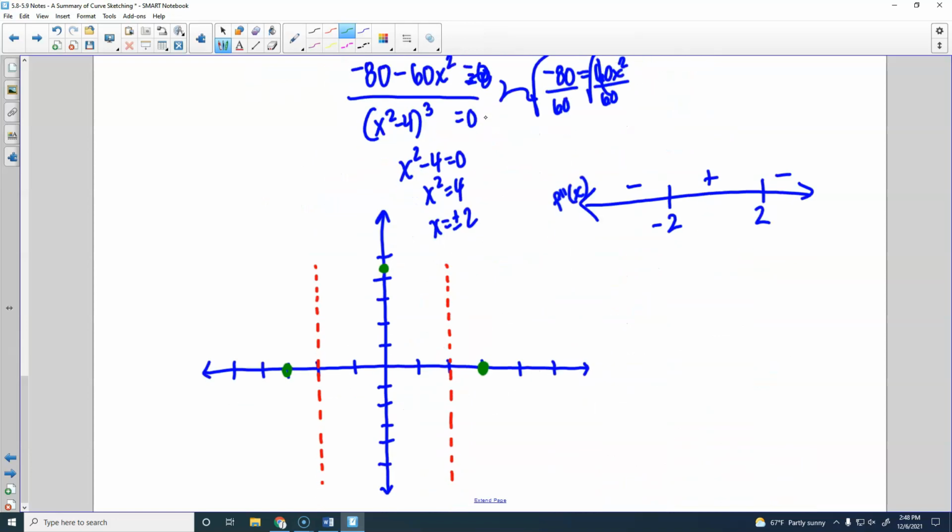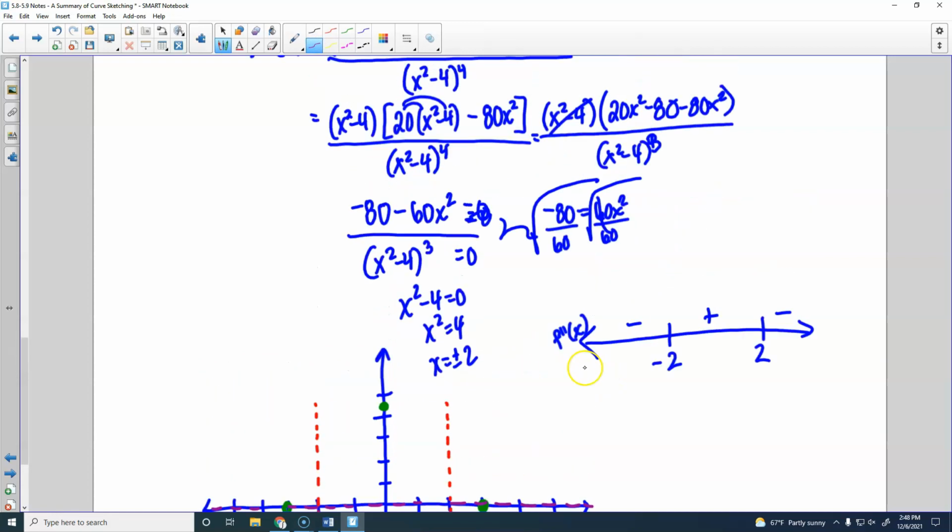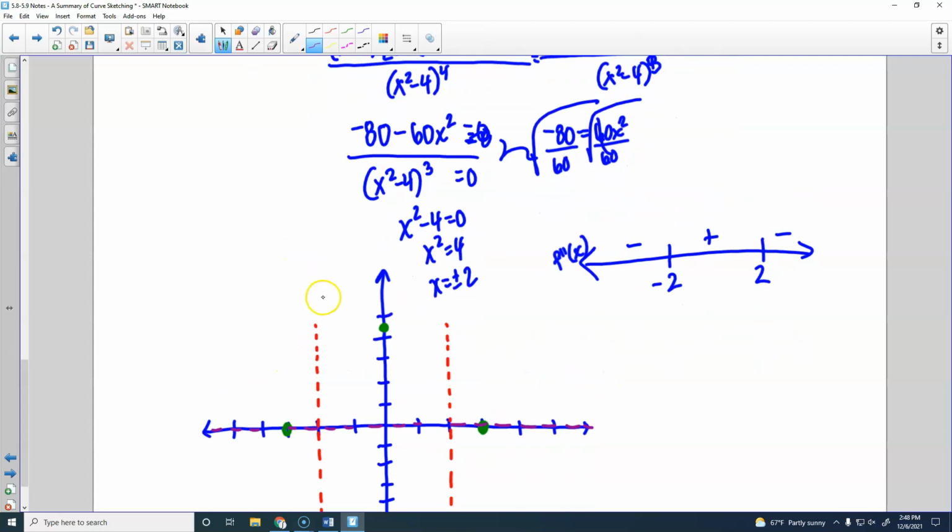I should have also drawn in my horizontal asymptote, which is just really the x-axis. And so I know if the graph is decreasing right here and then switches to increasing, then I also have to have a U shape here, plus second derivative is positive, which tells me I should be concave up, which falls in line with that, right?